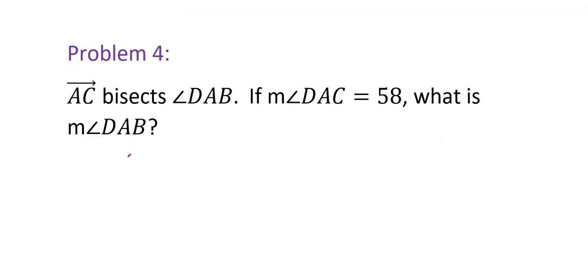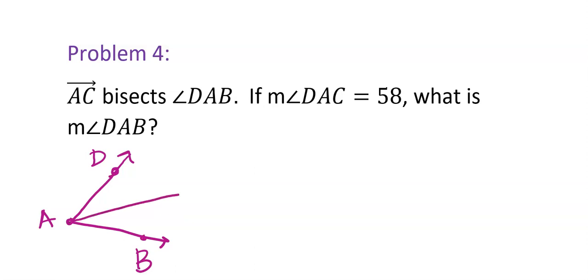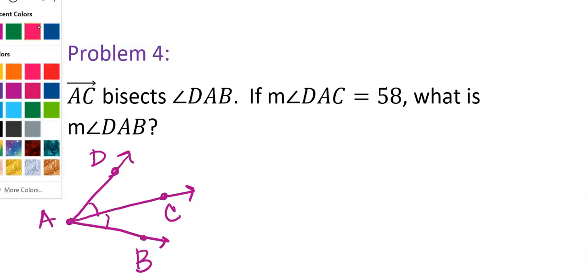So we have an angle DAB. A has to be the vertex. And it says AC bisects it. So you have to know what bisect means. AC basically cuts that angle in half, so it makes this part the same as this one. Now it says that DAC is 58.